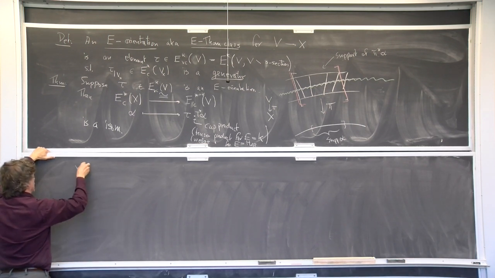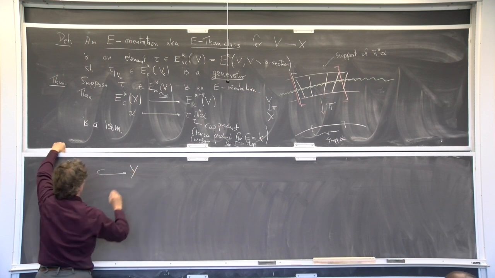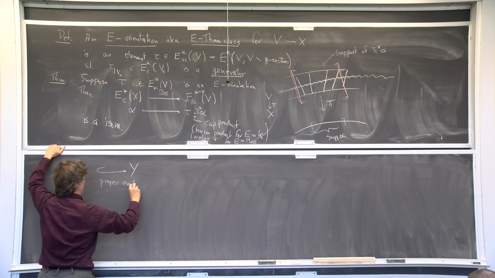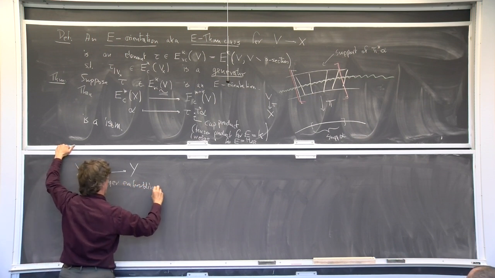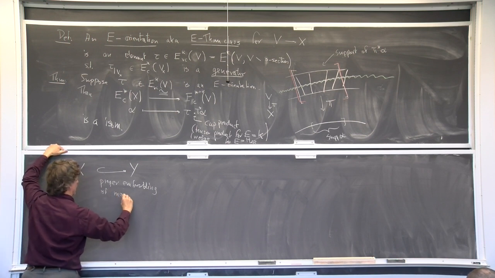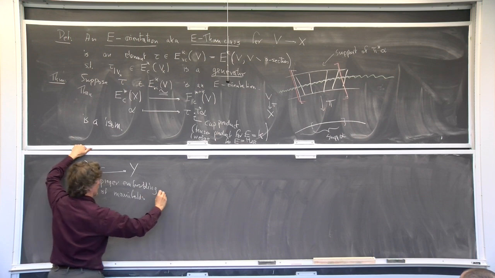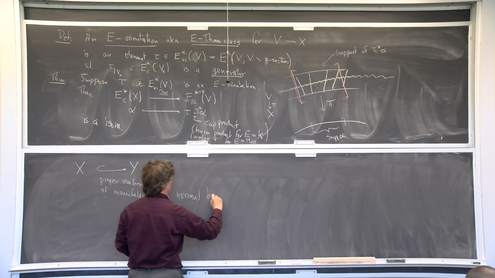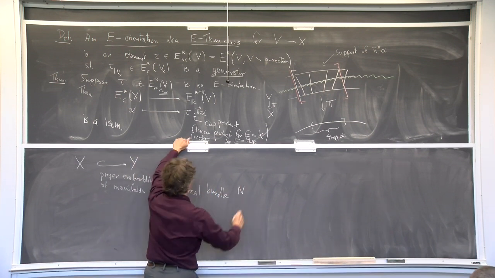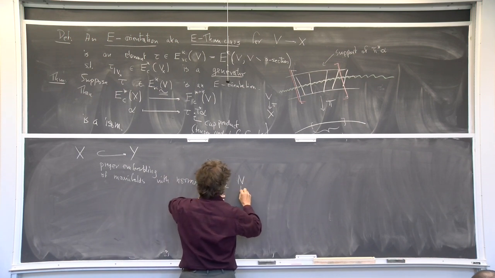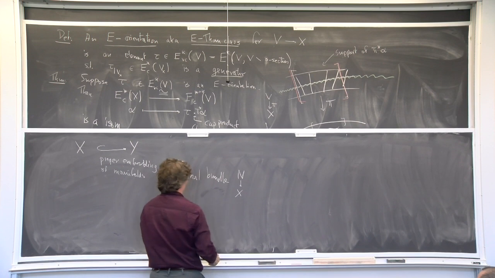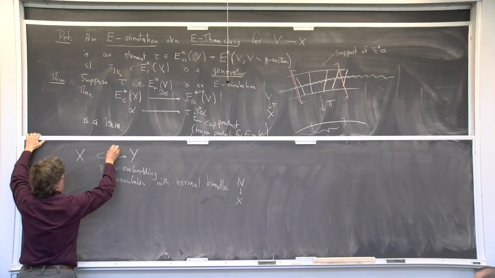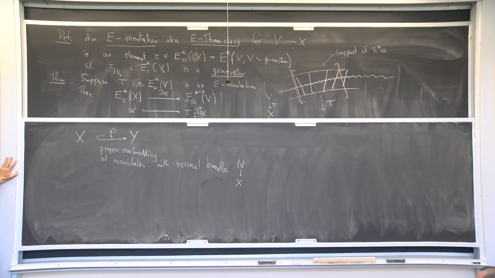Suppose that X into Y is a proper embedding of manifolds, say, with normal bundle N. N is a normal bundle over X. Let's call this embedding F. Then you could pull the following thing.